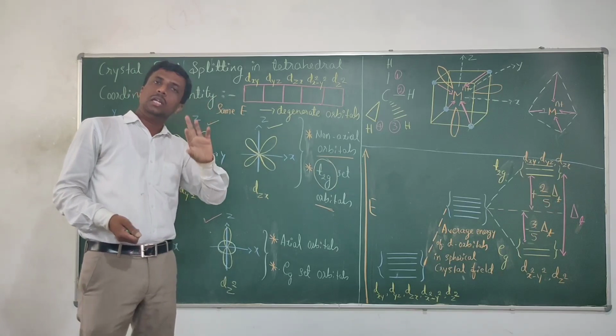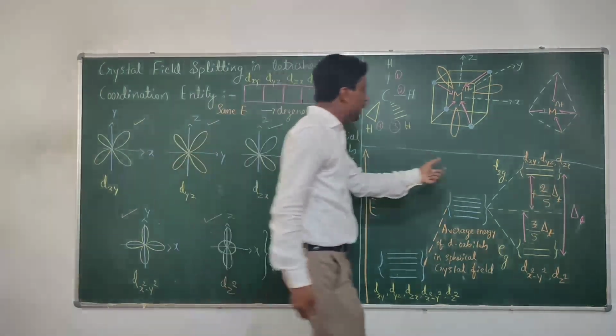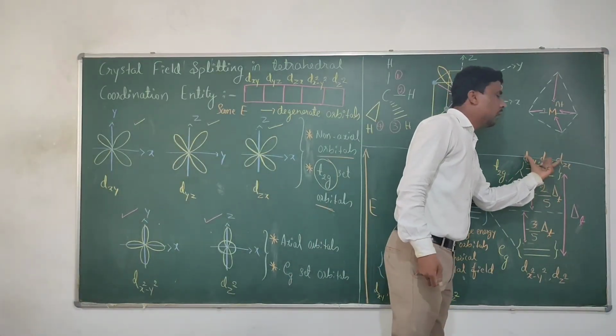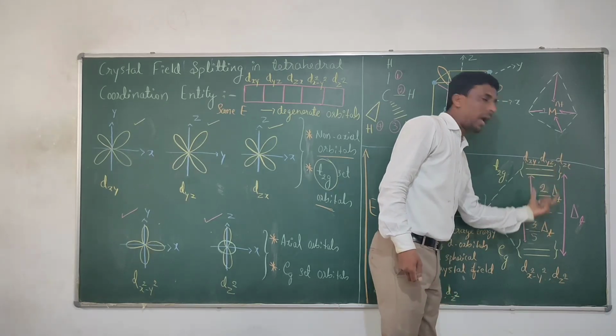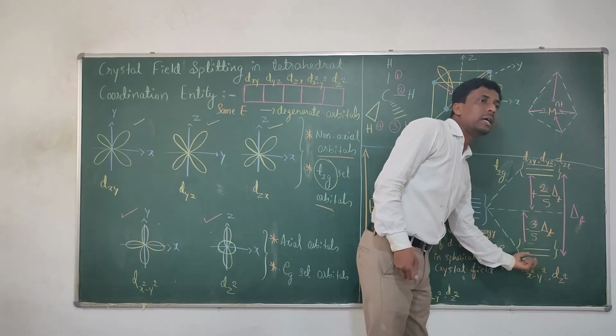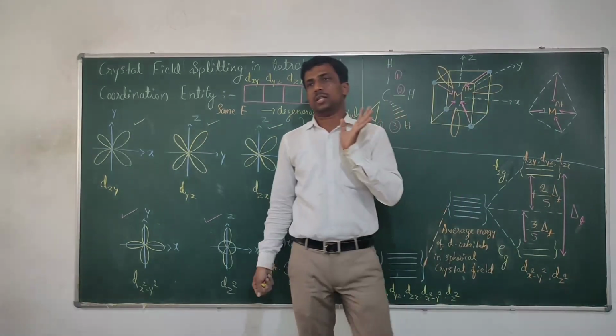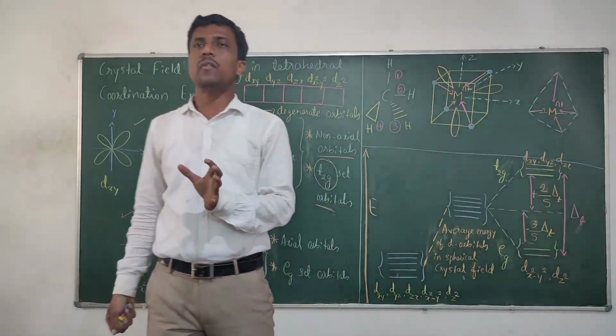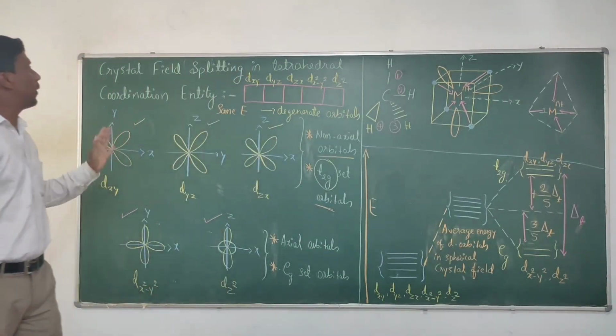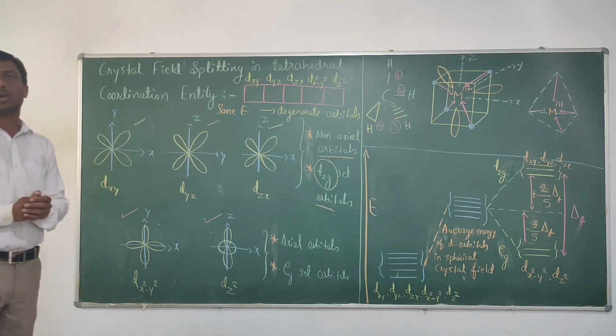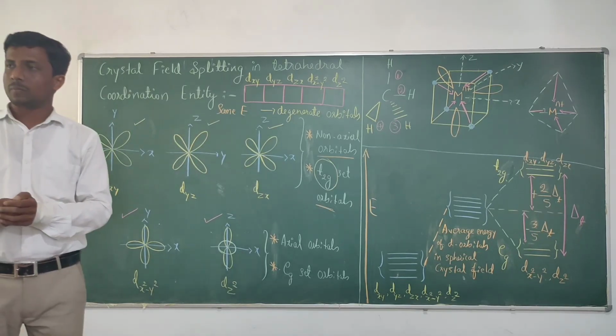It means the t2g set of orbitals have relatively higher energy and the eg set have relatively lower energy. This is the concept of crystal field splitting in a tetrahedral coordination entity.